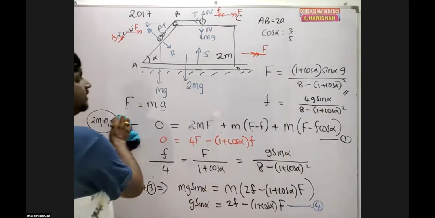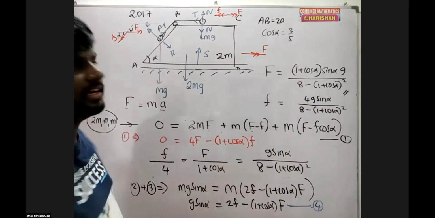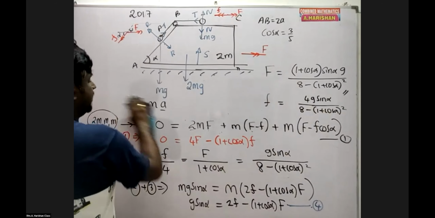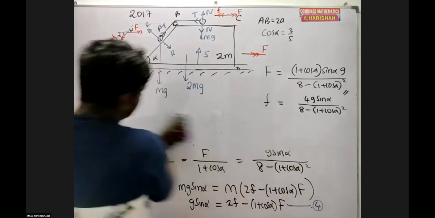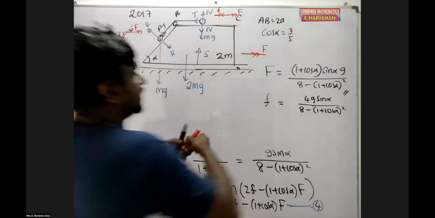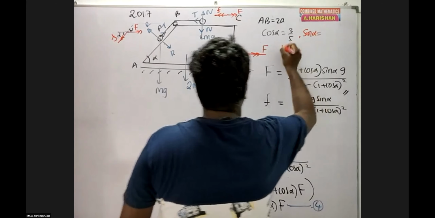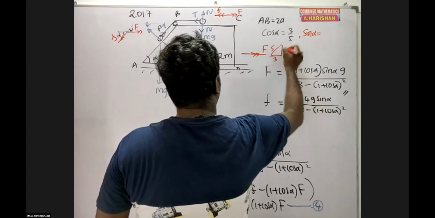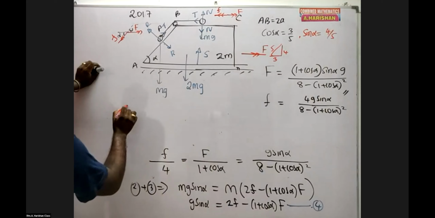Okay, so I erase this part now. I can erase this because I found the answer. So if I substitute for cos alpha, if cos alpha is 3 by 5, sin alpha will be 4 by 5. Okay, so I substitute cos alpha.